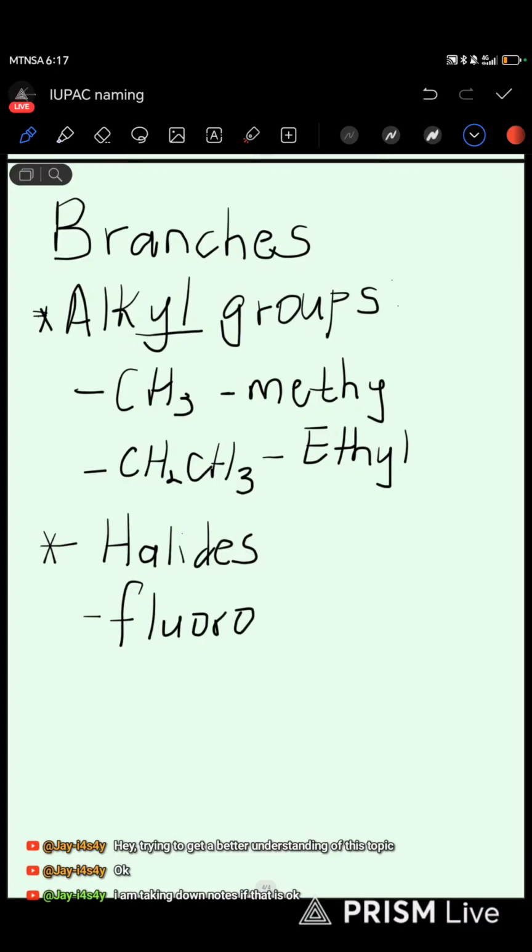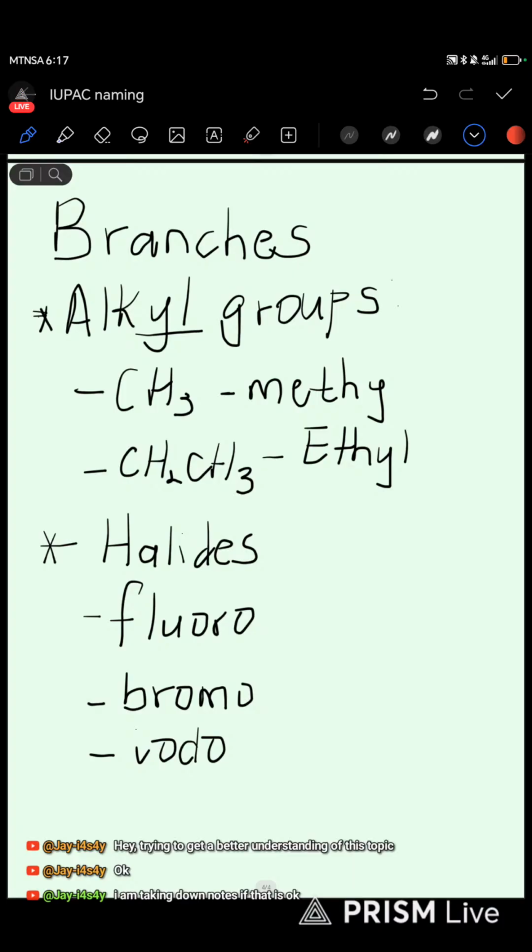It'll make sense when we're doing examples. Bromine, which will be named bromo, iodine, which will be named iodo, just to name a few.